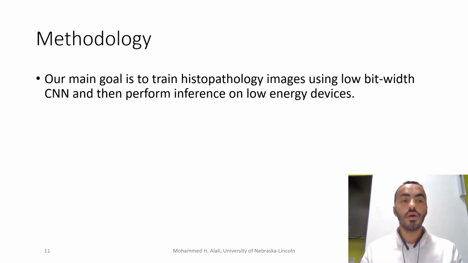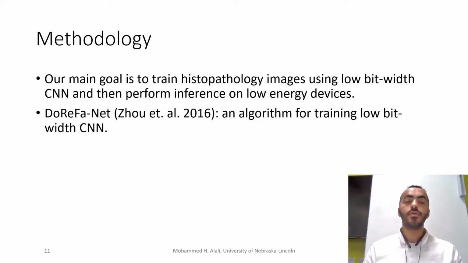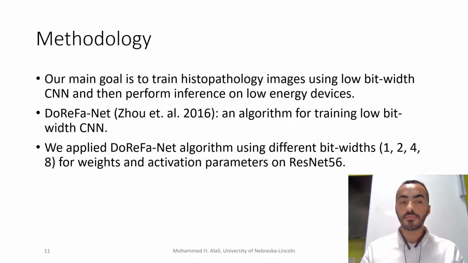Our methodology: our main goal is to train histopathology images using low bit width CNN so that this model can be used to perform inference on low energy devices. We use ResNet, which is an algorithm for training low bit width CNN.